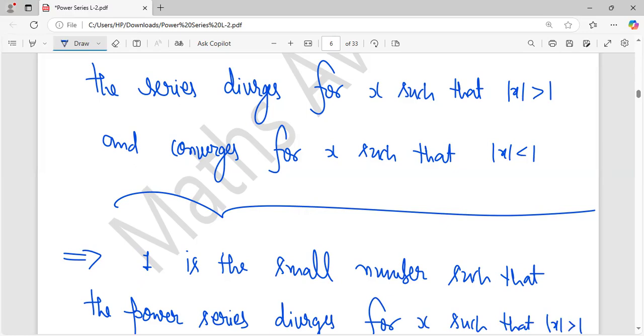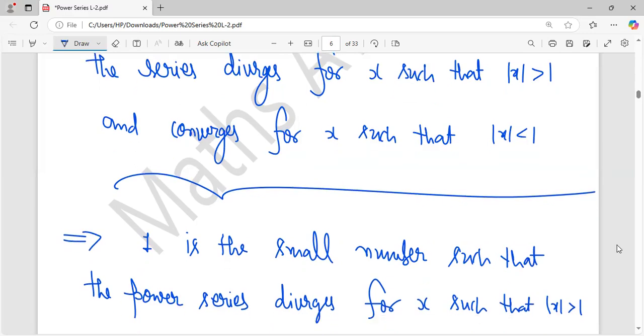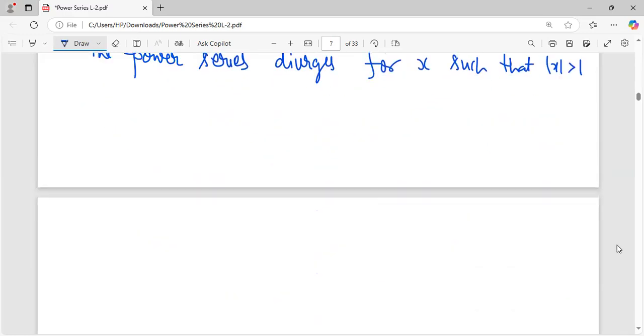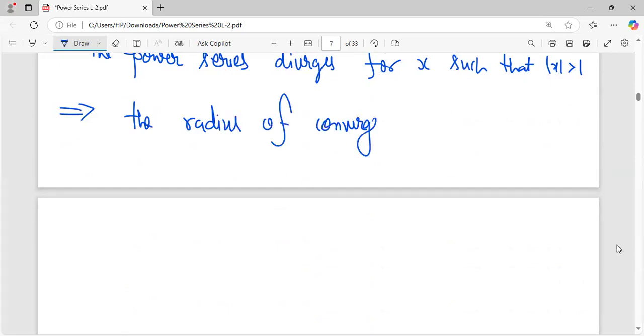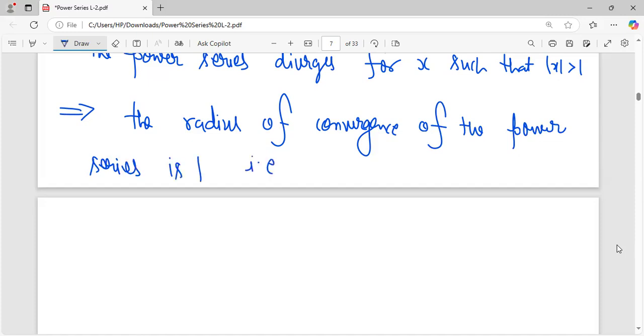So what is the meaning of this? The radius of convergence of the power series is 1. It means r is equal to 1. So this is the answer.